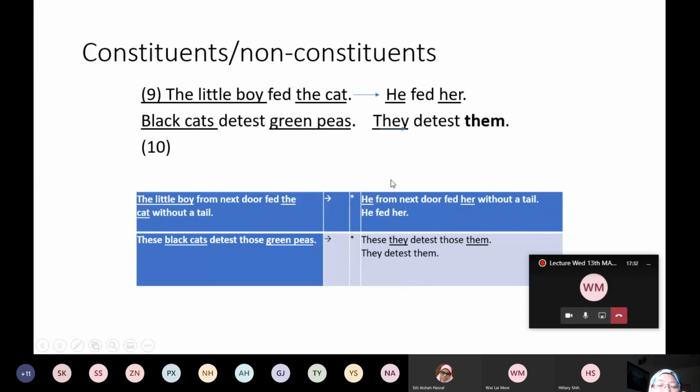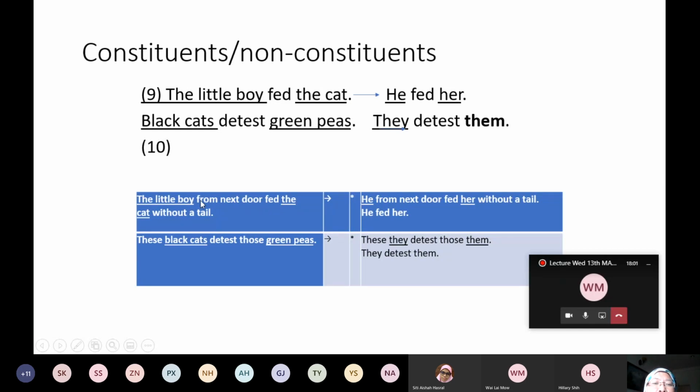So actually, this sentence is ungrammatical because even in the first part, you will see that the little boy from the next door, even though you can replace the little boy with he, the meaning of this phrase is only a part of the meaning. The complete meaning is the little boy from next door, not just the little boy.